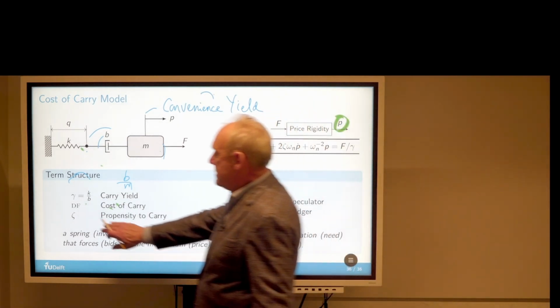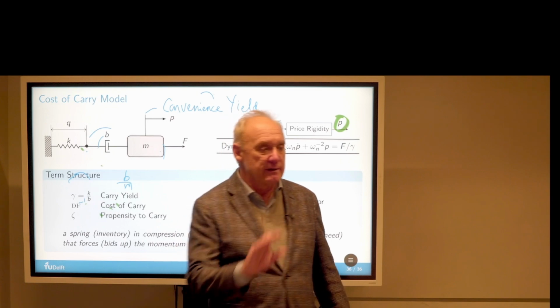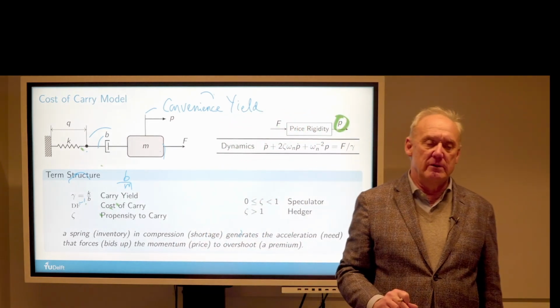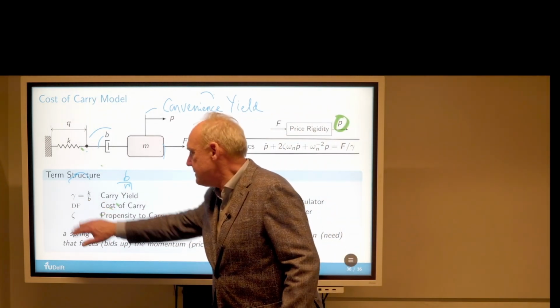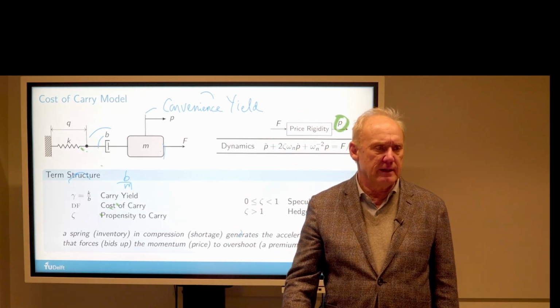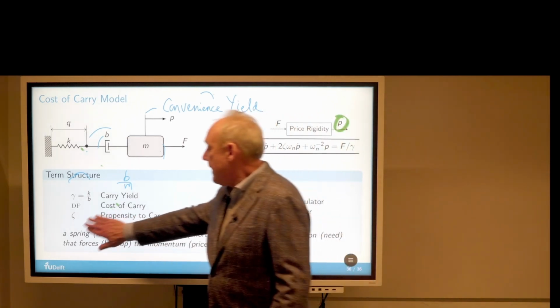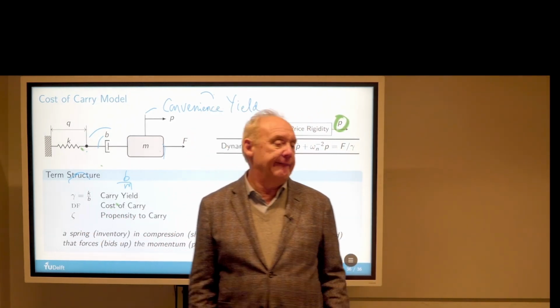Then this discount factor is now called... it should be, I think it should be -1 here, right? It's not the cost of carry. So, okay, it just pushes it forward, this thing, all right? But it's not going to be a simple exponential. And zeta, I just call it the propensity to carry, right?